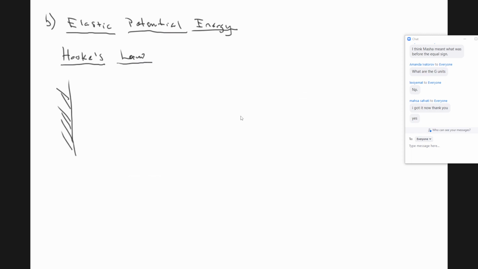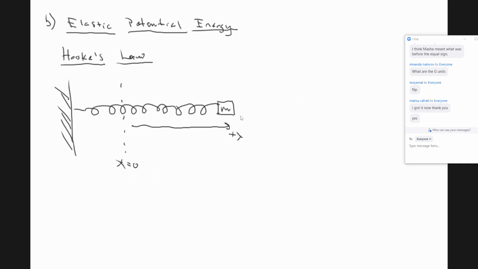So here's a wall, here's a spring with a mass attached to it. If it was staying at rest here when x is equal to 0, we've stretched it in a positive x direction.